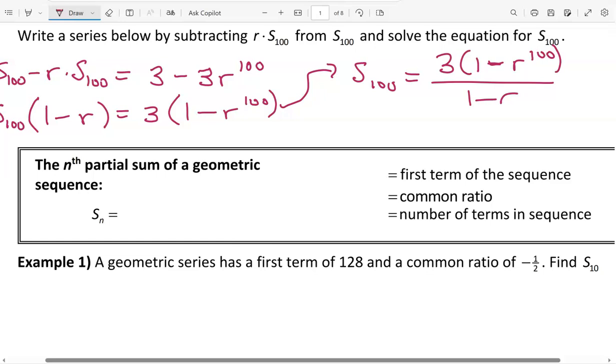Remember that 3 was the first term, so s sub n is equal to the first term times 1 minus r raised to the n power divided by 1 minus r, where a sub 1 is the first term, r is the common ratio, and n is the number of terms.